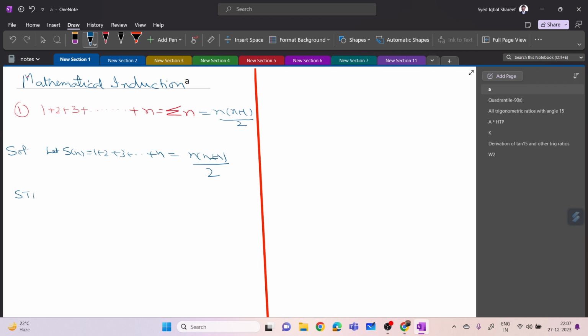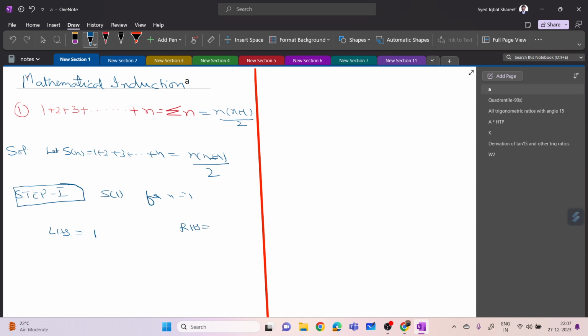So step number 1. Step 1, we will prove S of 1 is true for n equal to 1. So left hand side, 1 is there, the first term.